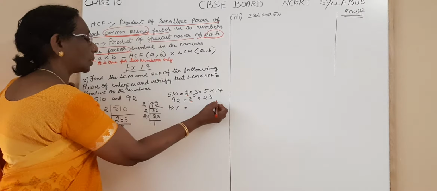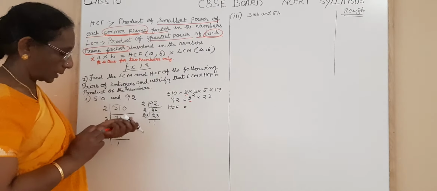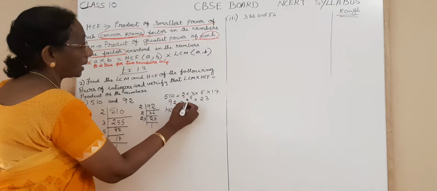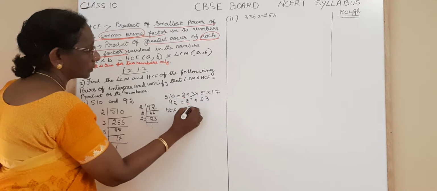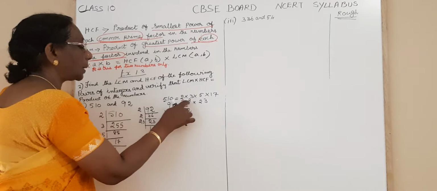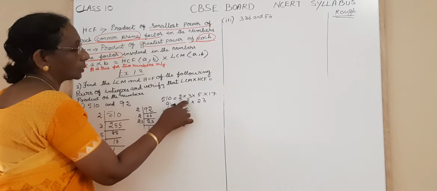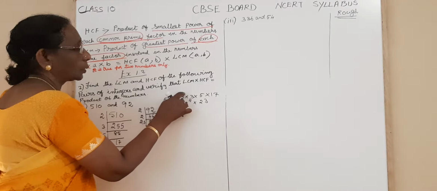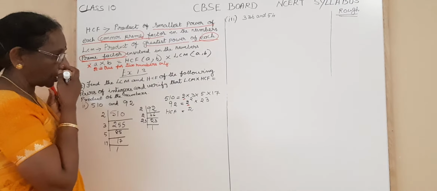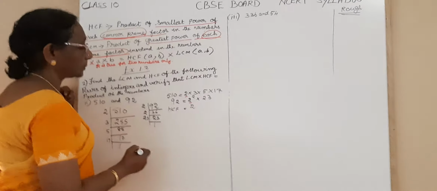Here 17 is not a common factor. 23 is not a common factor. So what is the highest common factor? You have to write 2. Isn't it? Because the power is what? Here it is square, here it is 2 power 1. So the highest common factor is only 2 because they don't have other common factors.